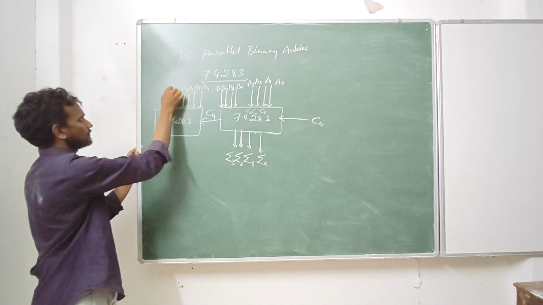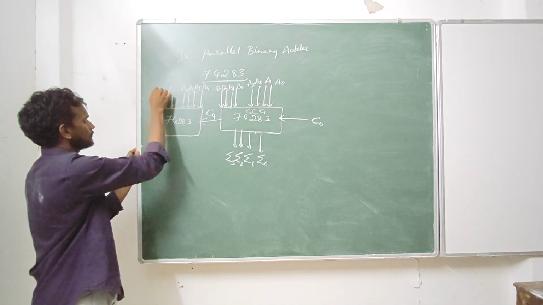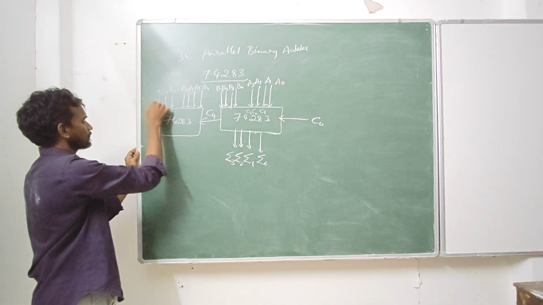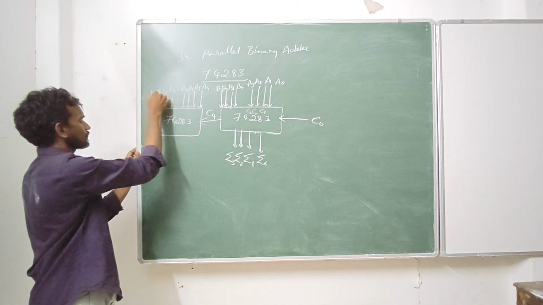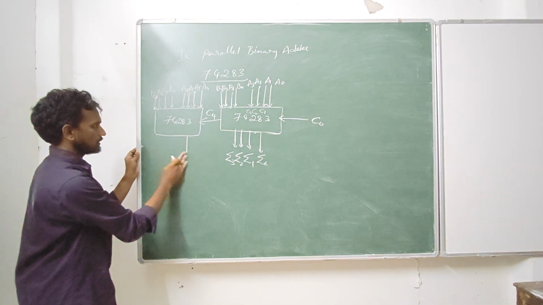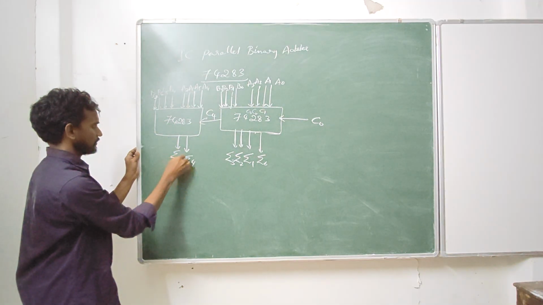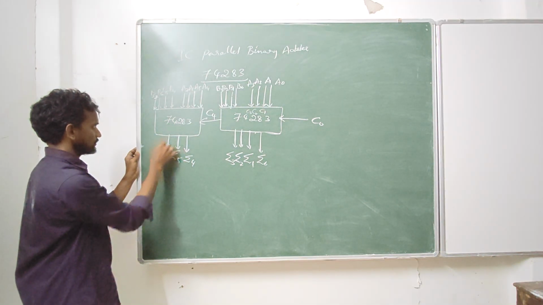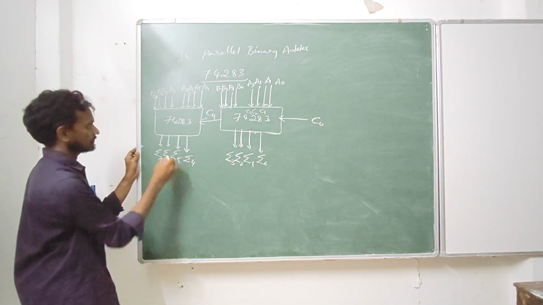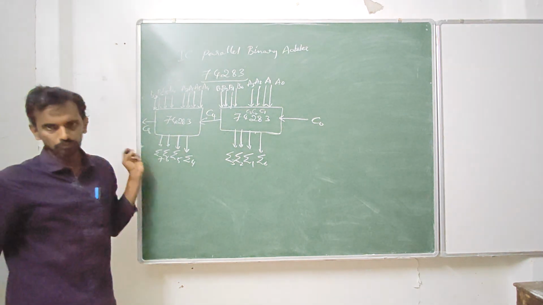Next series is B4, B5, B6 and B7. We get sum 4, sum 5, sum 6 and sum 7. C8 as output.